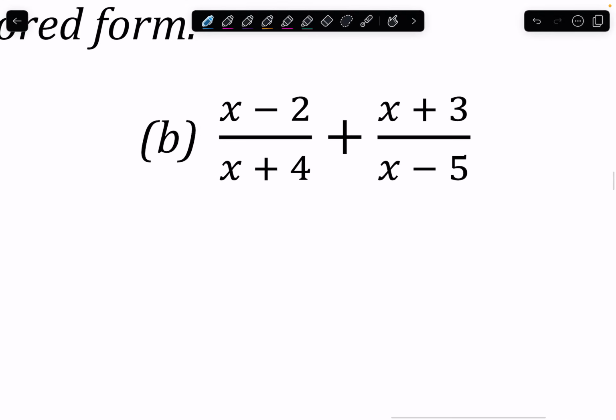All right, so if we look at this one, I have denominator x plus 4, and then I have a different denominator, x minus 5. All right, so these two denominators, they are completely factored. So what I'm going to do is put each in its own little bubble to show that they're factored.